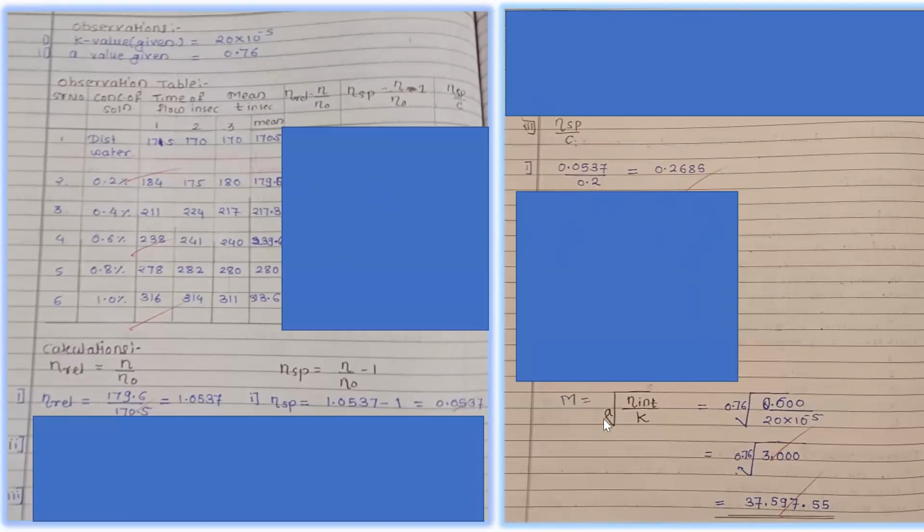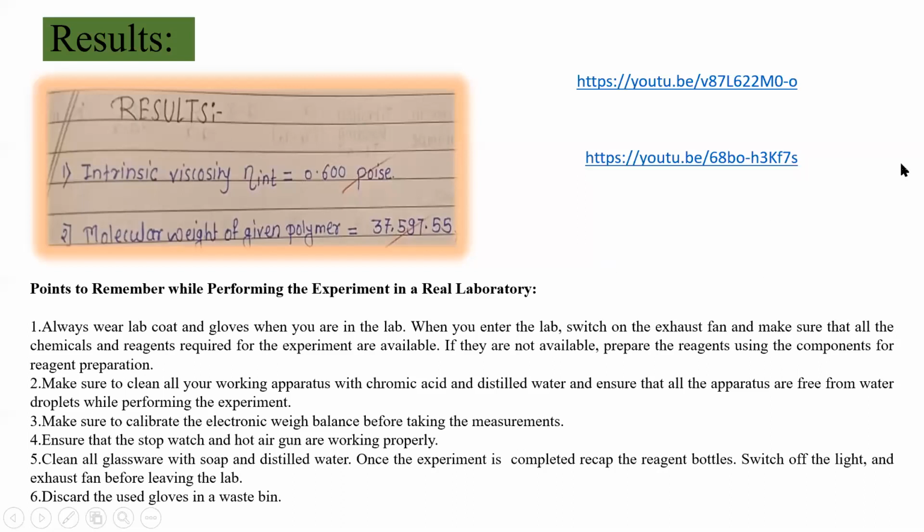M equals a root of intrinsic viscosity upon k. So we know the value of k, we know the value of a, and from the graph we know the value of intrinsic viscosity. Once we do the calculations with this, we can find out the molecular weight of your polymers. So these are the results.